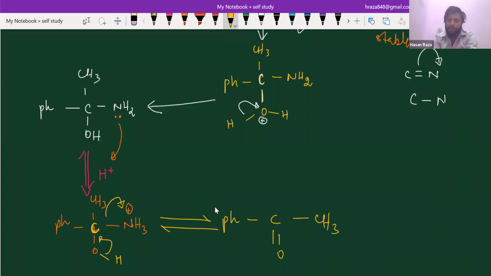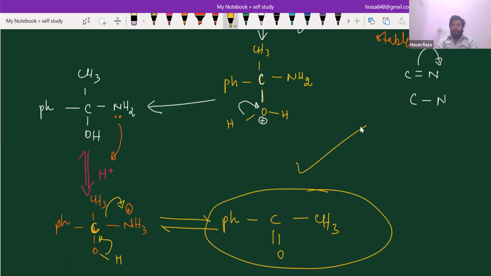So this is your ketone. What happened here? Again, this H plus will bond with NH2. Now it is NH3 positive. A positive charge on nitrogen is very less stable. So in order to satisfy itself, nitrogen will take an electron from carbon and it will be released. It will be evolved in the form of NH3.